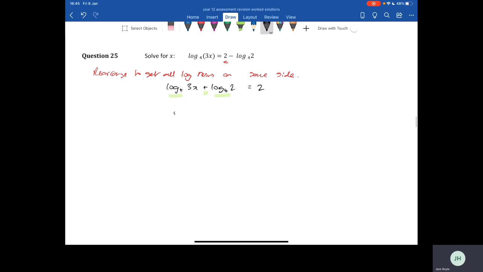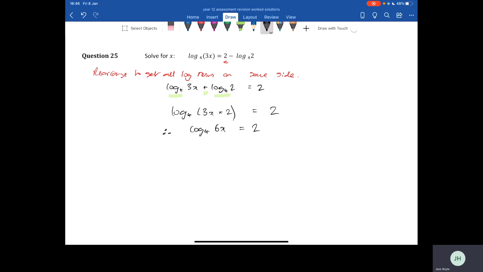So I'm going to have log to the base 4 of 3x multiplied by 2, and that is equal to 2. So note, I haven't taken logs of both sides. It's not that. What I'm doing is just using the log rules to manipulate what we've already got, writing it as an equivalent expression. Simplifying that left-hand side, that's telling me that log to the base 4 of 6x is equal to 2.